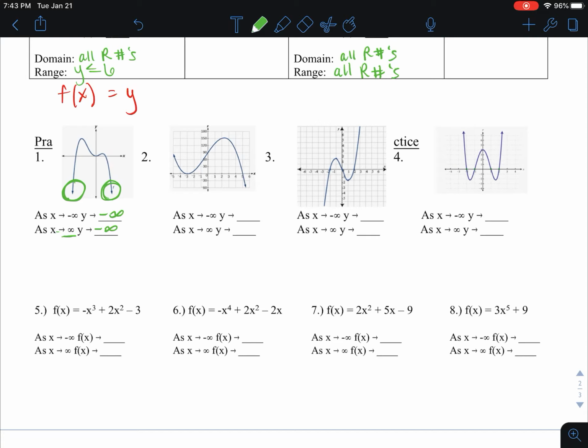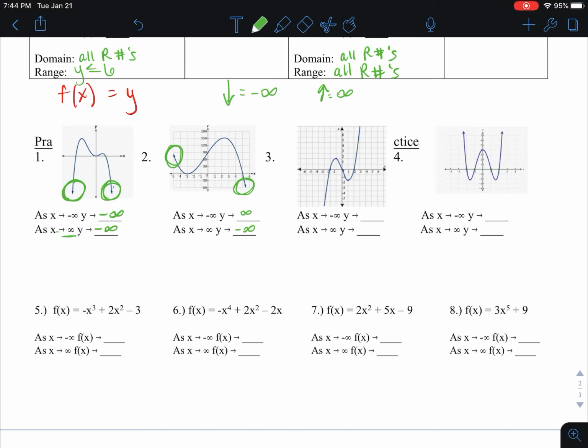So remember, if it goes down, that's negative infinity. If it goes up, that's positive infinity. Doesn't matter which side of the axis it's on, just wherever it's going. Okay. All right. So then this one I see is going up. So remember, this is left. So this is going to positive infinity, and my right one is going down.